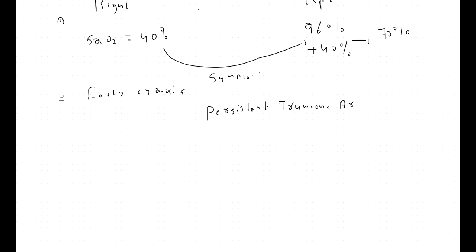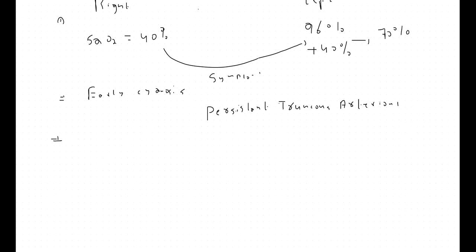It means your truncus arteriosus is not separated into your aorta and the pulmonary trunk. Truncus arteriosus was a part of the heart tube which gives rise to your pulmonary trunk and the aorta, and it is normally separated by your aorticopulmonary septum.